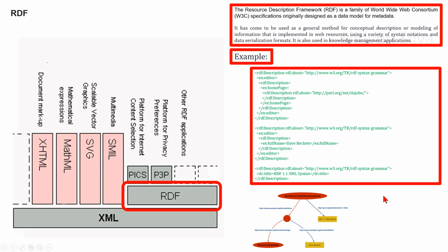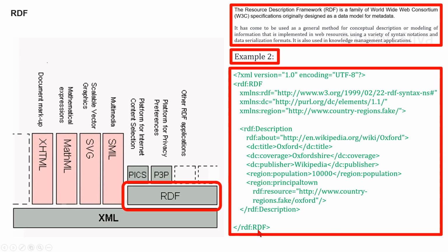You can see here rdf:about and some nodes that are IRIs, and this can be added to RDF/XML using this rdf:about. Now we can consider this example as example 2.